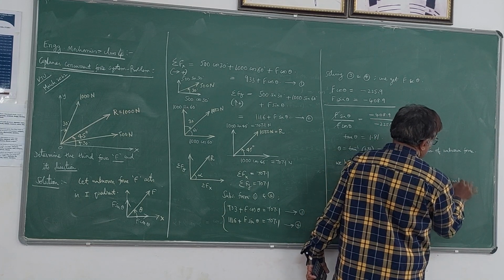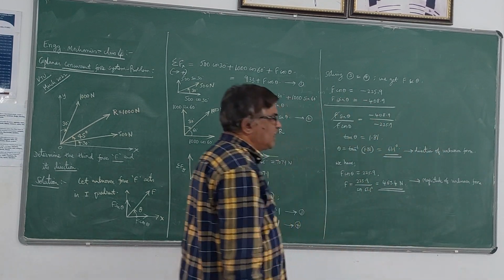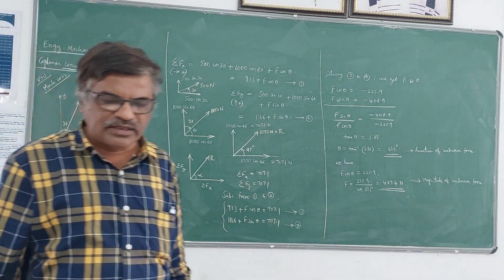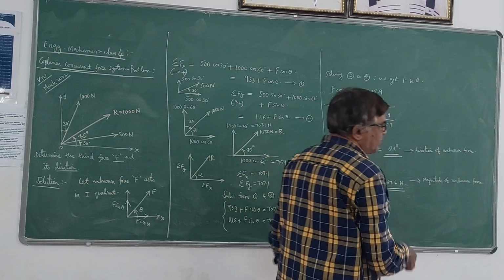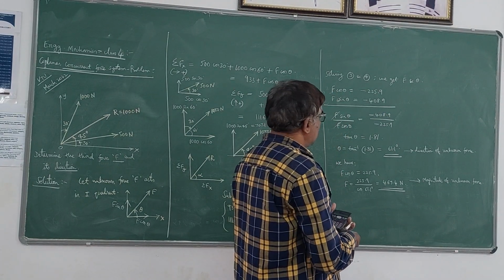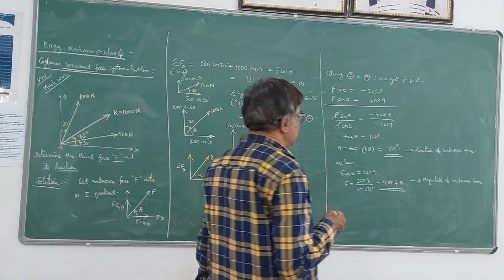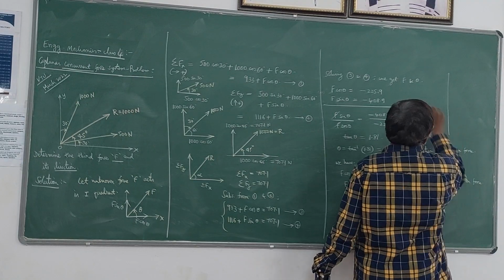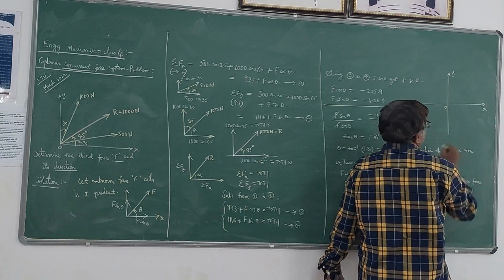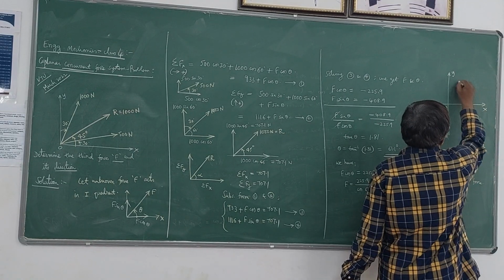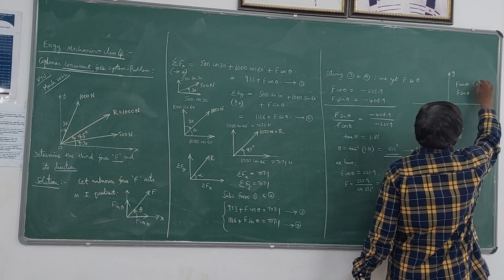But in which quadrant it lies, that is also important. Initially we have assumed that force F lies in the first quadrant, but after seeing the simplifications, you can decide the quadrant in which that unknown force F lies. So we have to use this concept. Take the two-dimensional coordinate system x and y. In the first quadrant, F cos theta and F sin theta both will be positive.